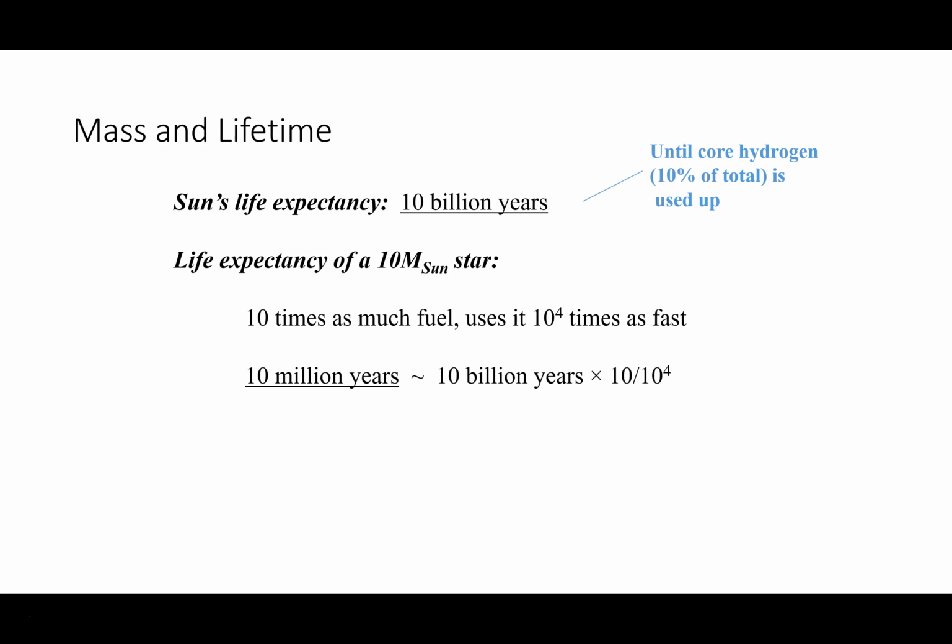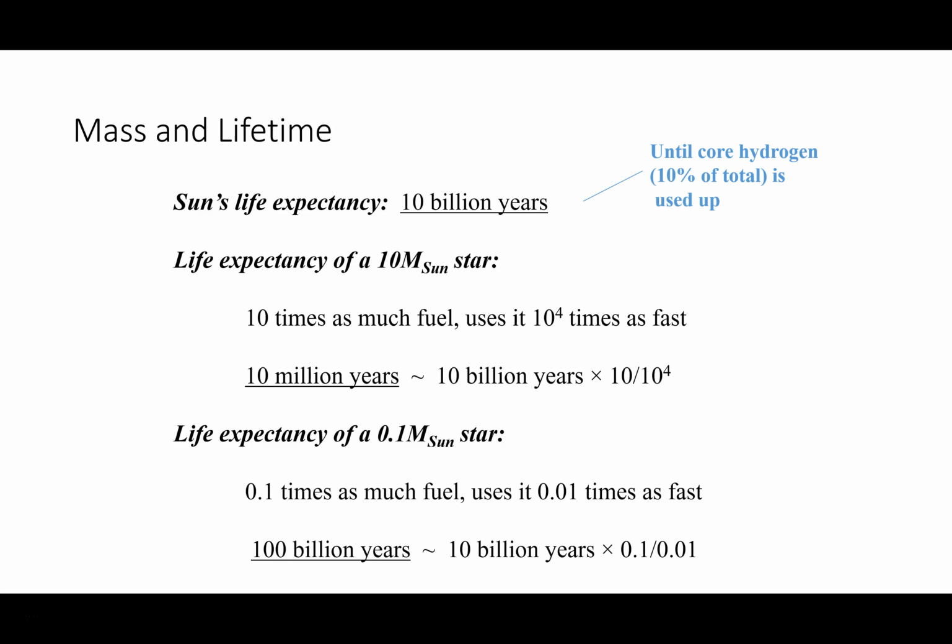So now what if instead of the size of our sun, we upped it tenfold? So 10 times the mass of our sun. What that does is it decreases the lifetime: instead of 10 billion, it only has 10 million years to live. 10 million.